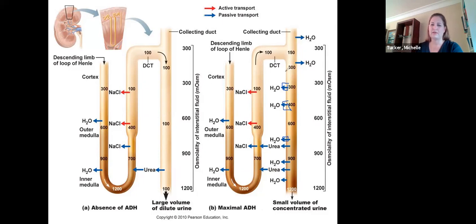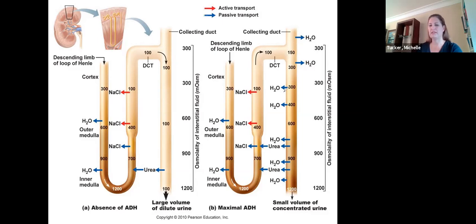And when aquaporins are placed in the collecting duct, then water is going to move. And depending on how dehydrated we are, will depend on how many aquaporins are present and where in the collecting duct they are.